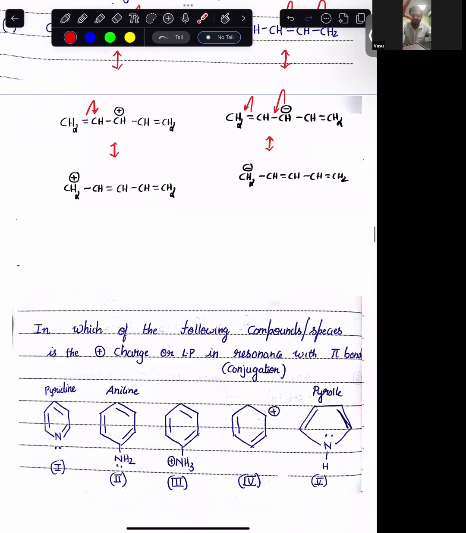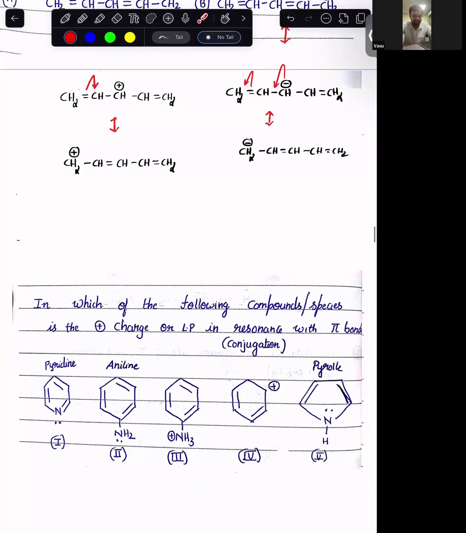The structure exists as a hybrid, which is the distributed electron density. So whenever you are forming all the structures, it's better to show one after the other so that you won't miss any of the stable resonating structures. If it is unstable, you can directly go to the other structure.